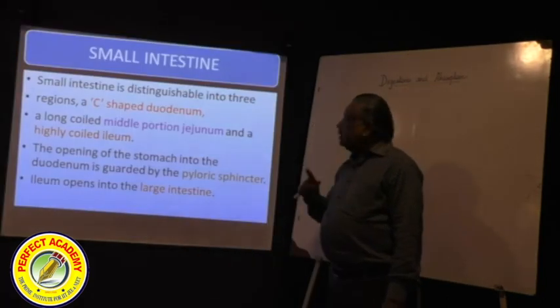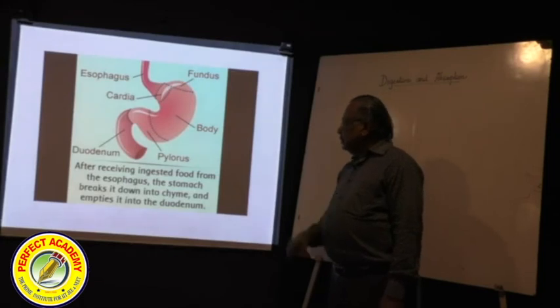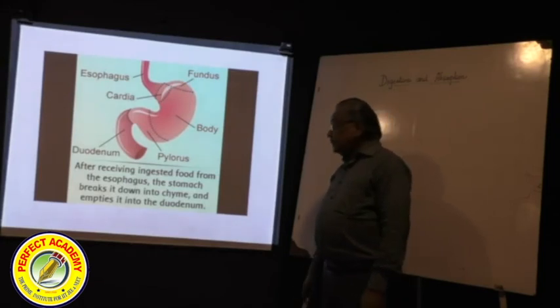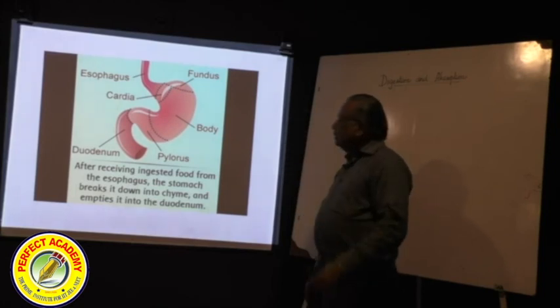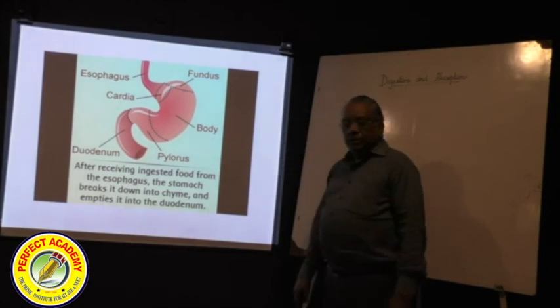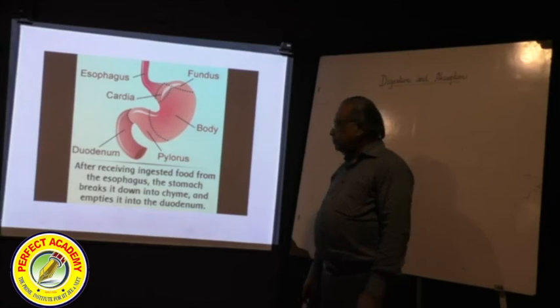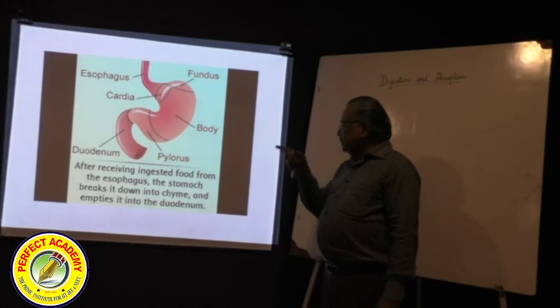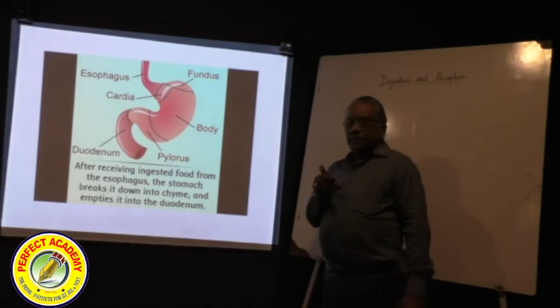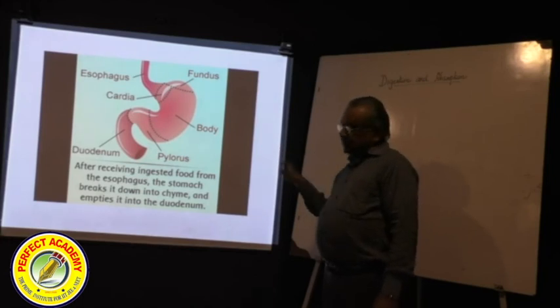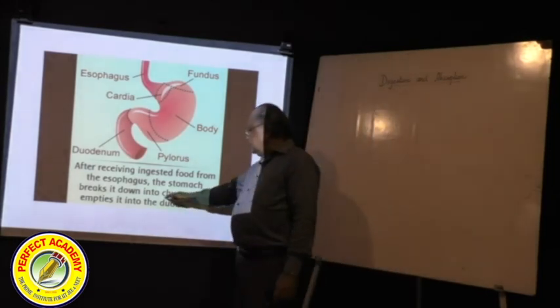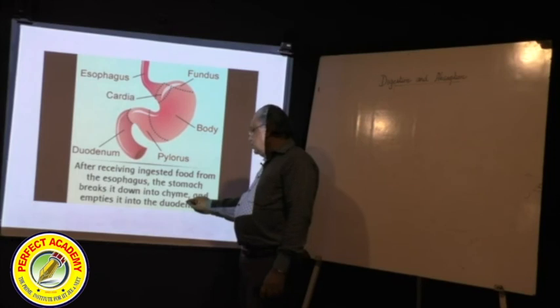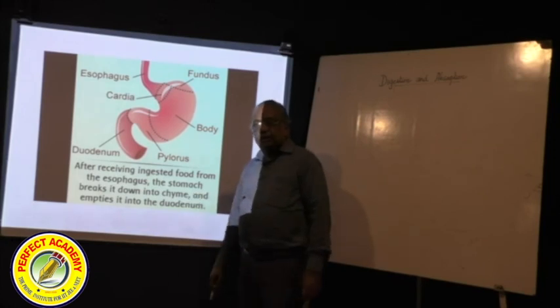Now here, when the food enters from the mouth and comes down through the esophagus, it enters the stomach as food. But after being released from the stomach, it is called by a new name, chyme. That chyme enters the duodenum.